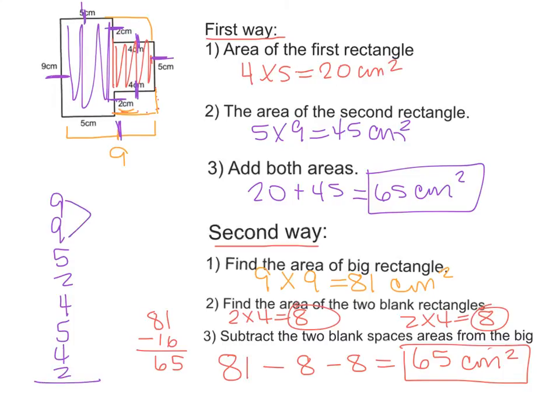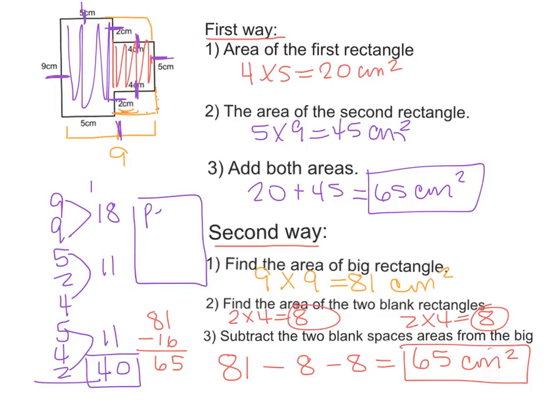So this is 18, this is 11, and this is 11. That's 10 and you carry 1. Perimeter is 40. So I'm going to write it here. Perimeter, 40 centimeters.